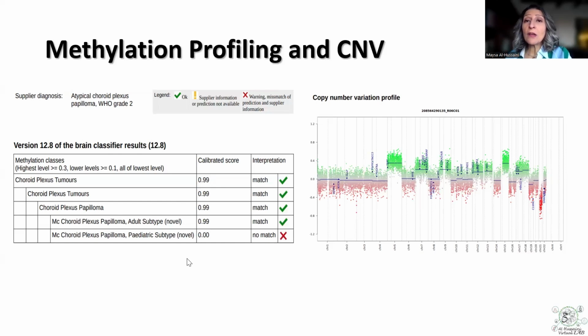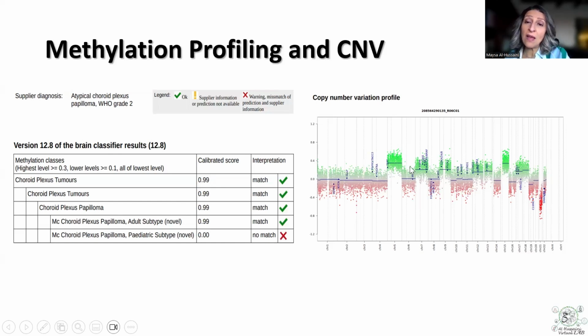Now, interestingly, the copy number variation profile shows some very interesting trisomies, in particular gain of the whole of chromosome 5 as well as of chromosome 9, in addition to other chromosomes.